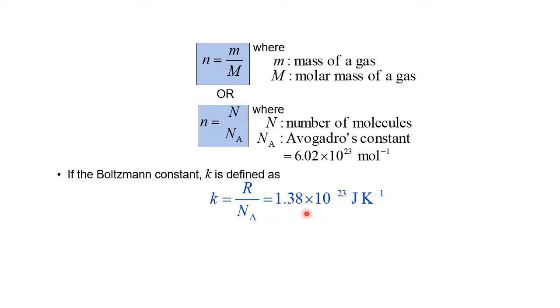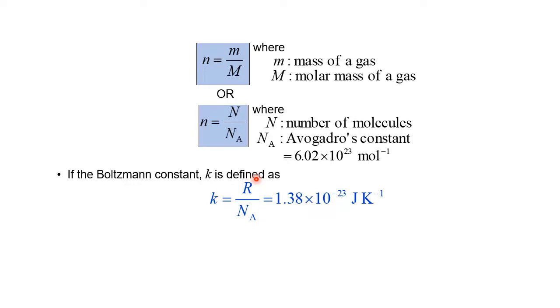Kalau untuk physics kena pakai 1.38 times 10 to the power of negative 23. R pun sama. R untuk physics adalah 8.31. So chemistry lain. Kena pakai untuk fizik yang R 8.31.